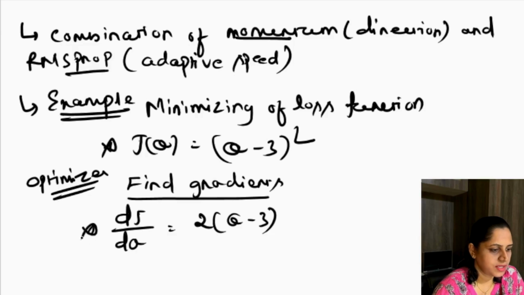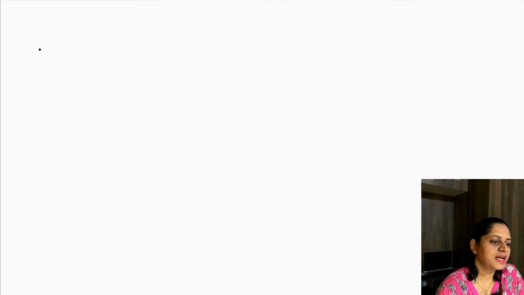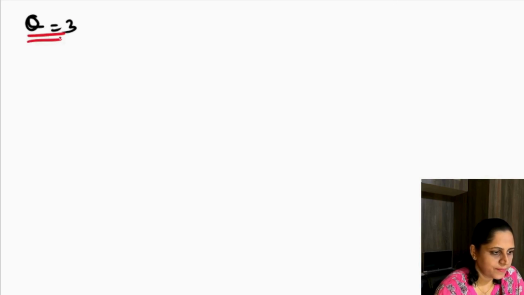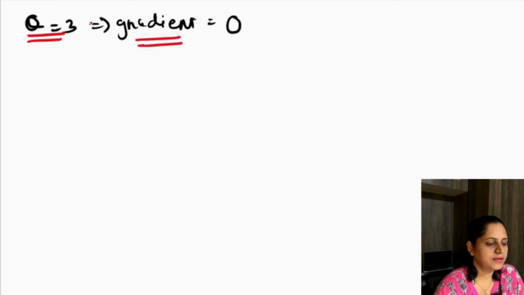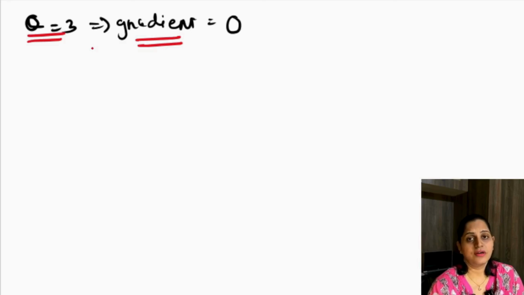So this is my gradient, right? Before we start, we all know that at theta equal to 3, my gradient equal to 0, right? That means here my learning stops, here my model learns finally.